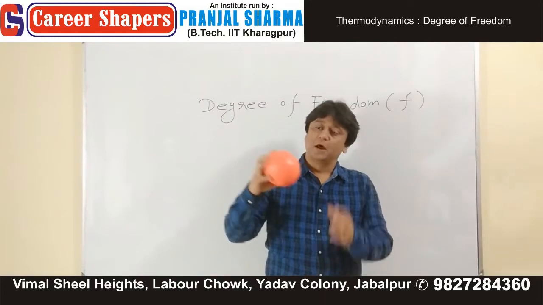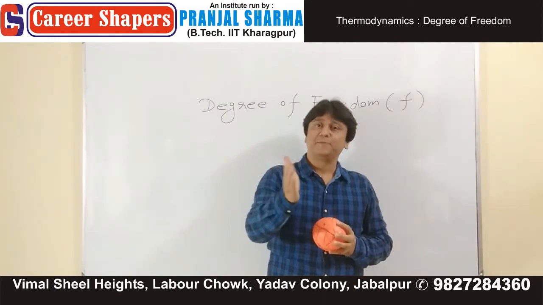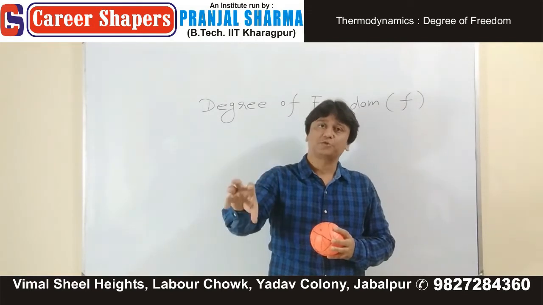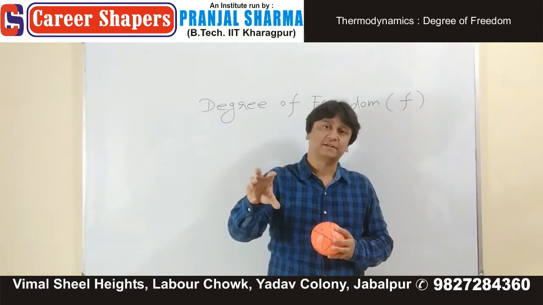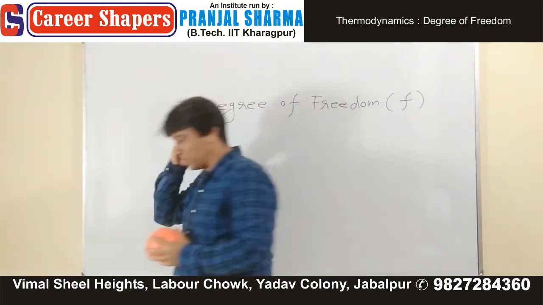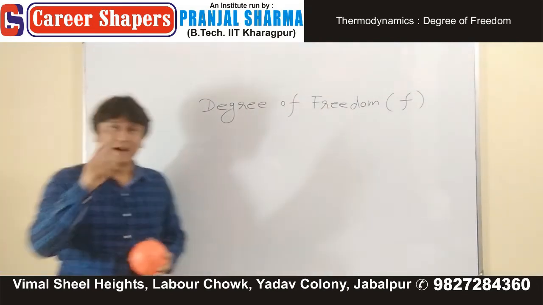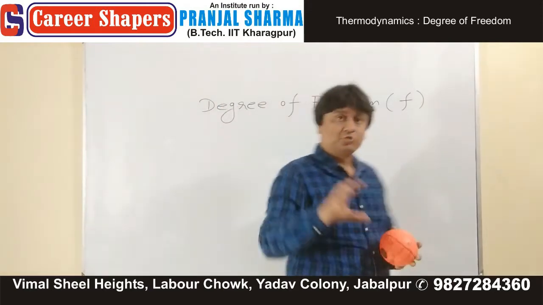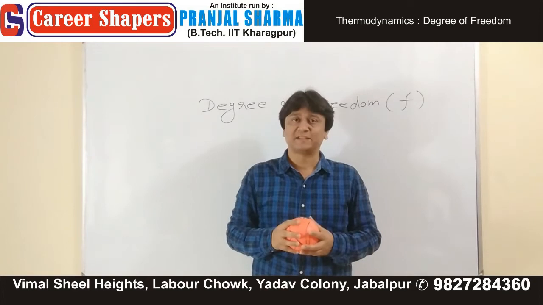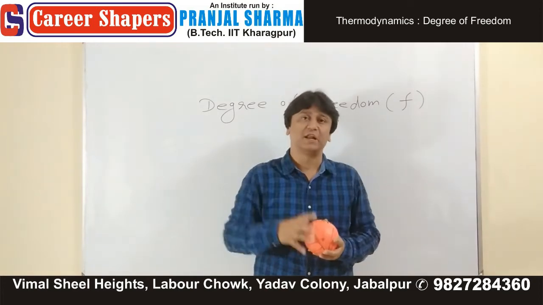Again, different types of modes in which a gas molecule can have its total energy. What is total energy? I hope you remember U, that nCvT part. That energy, I had told you, was basically kinetic and potential energy.